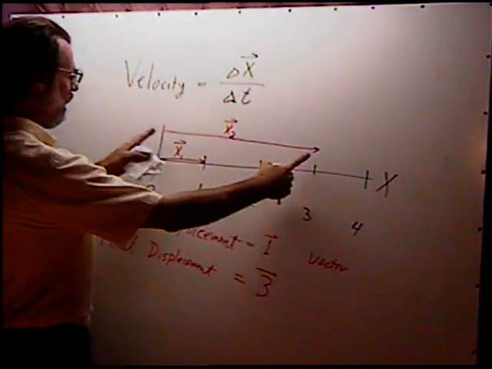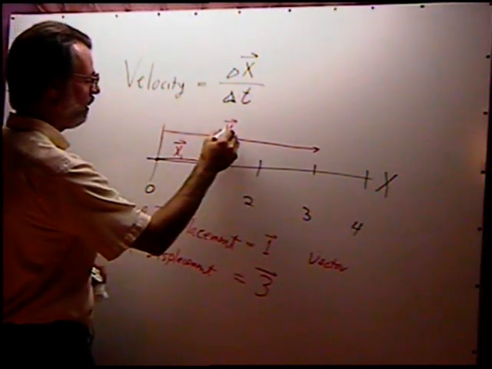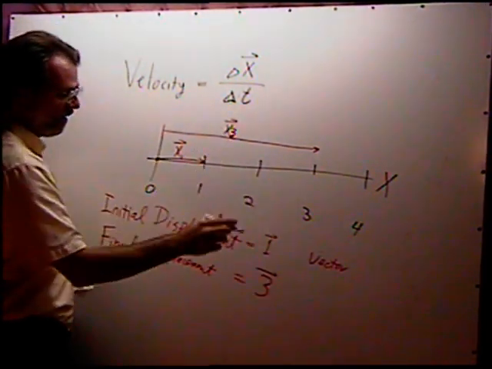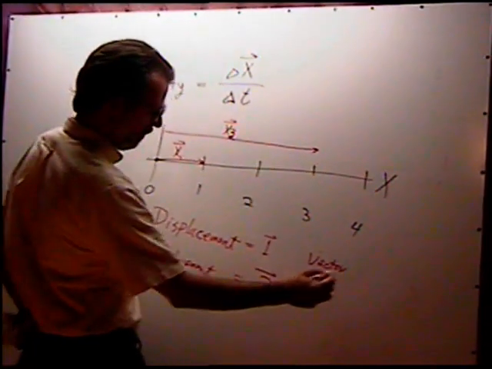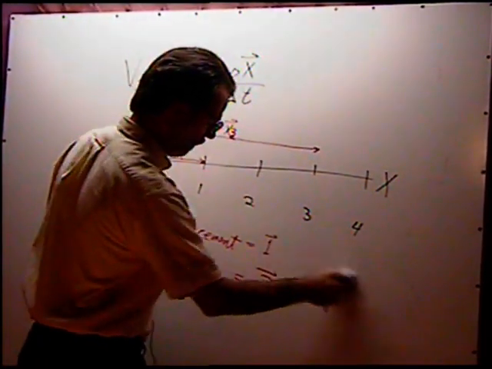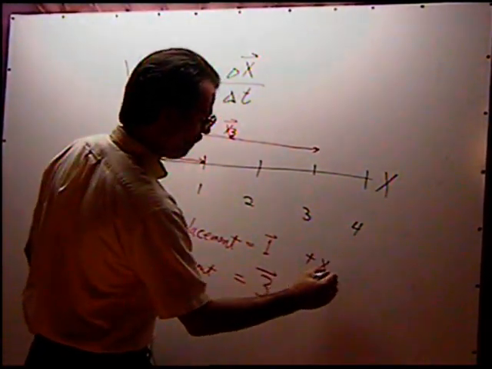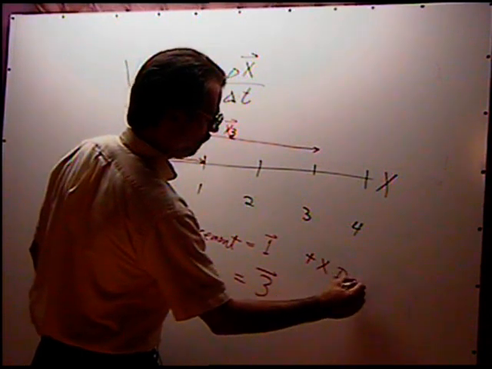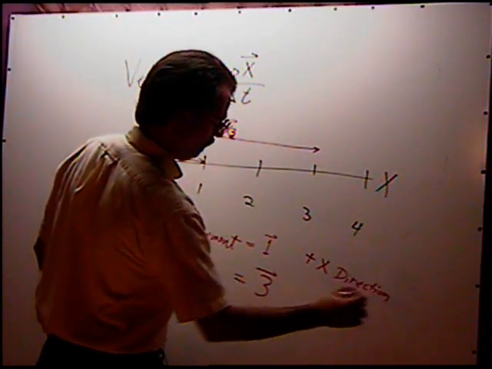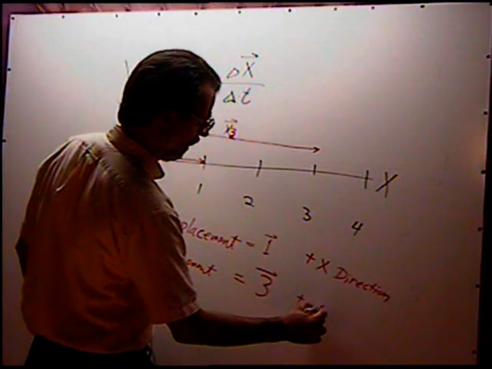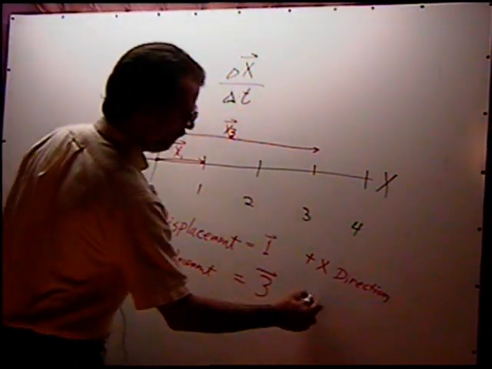It has a length of 3 and is pointing in a certain direction. In this case, the direction is in the plus x direction. Same here, in the plus x direction.